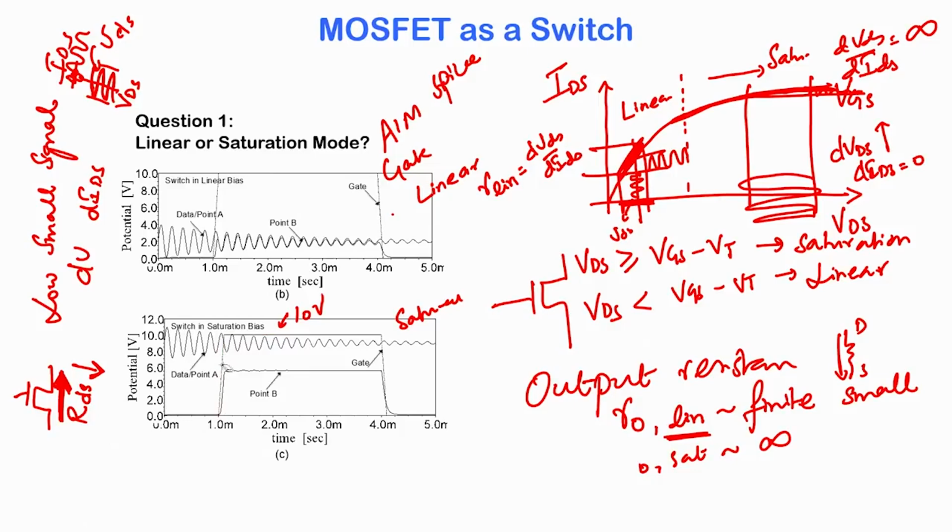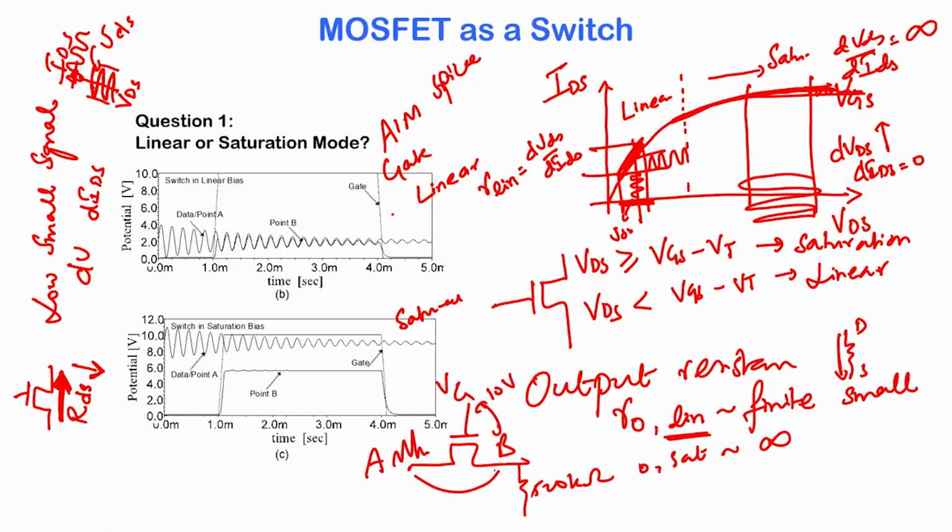But let us look at the voltage at point A. This is the 500 kilo ohm, that is point B, and this is point A, where the signal is coming in. So, that is 10 volts, that is VGS. What is VDS? Point A has a signal that looks like this, and what is the DC value of that signal?